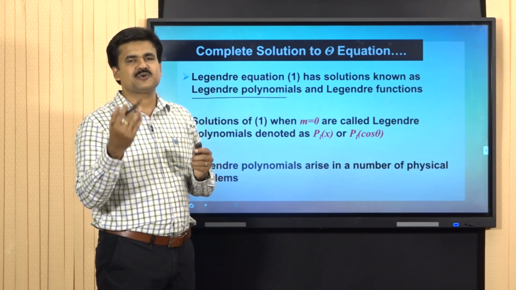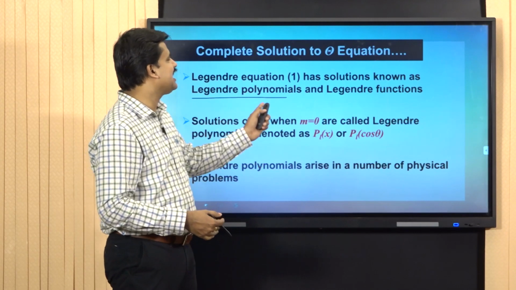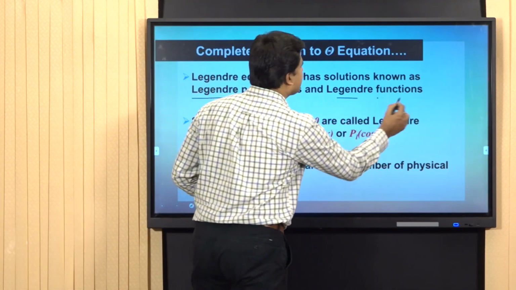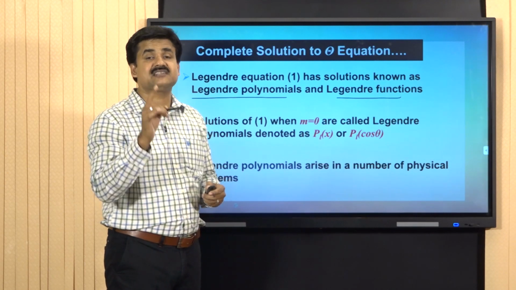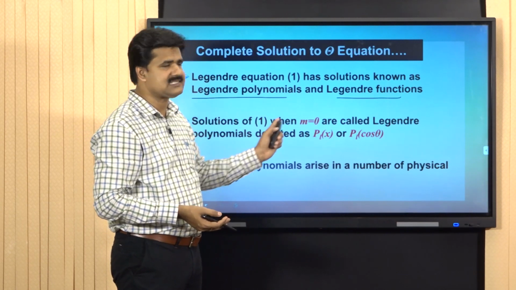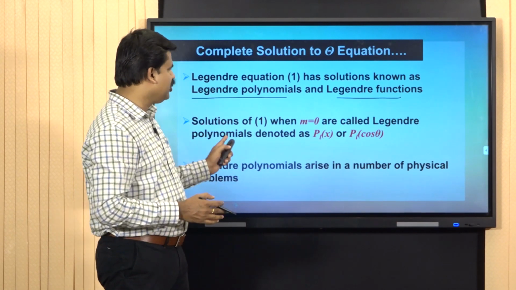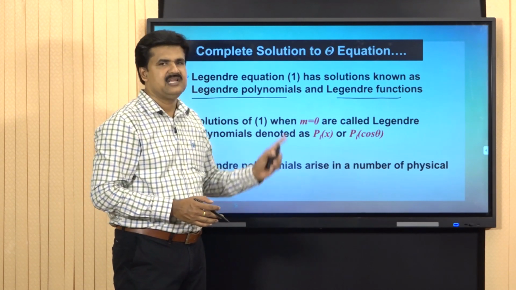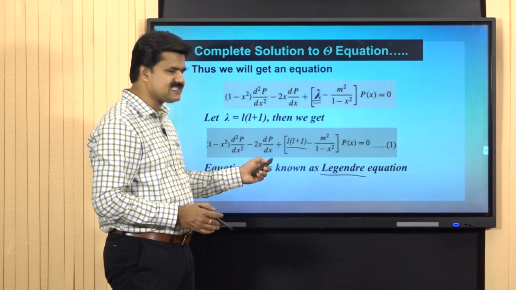More correctly, these Legendre functions should be read as associated Legendre functions. We can enter into details of Legendre polynomials and associated Legendre functions. Now, the solutions of equation 1, previously known as the Legendre equation.